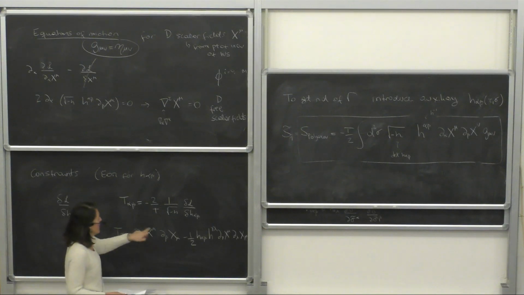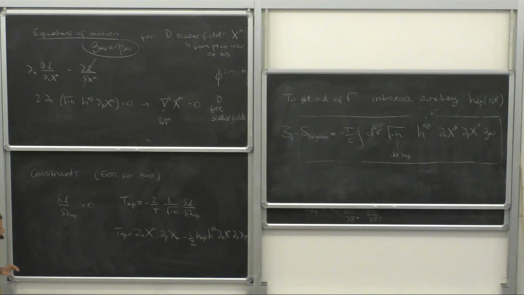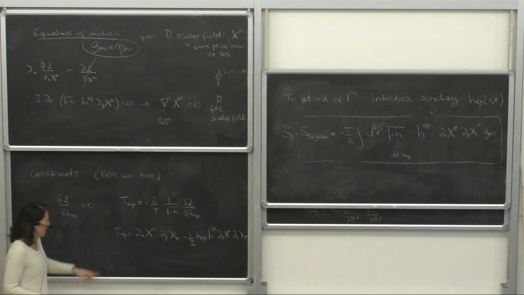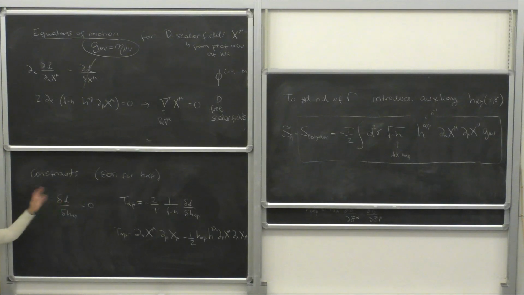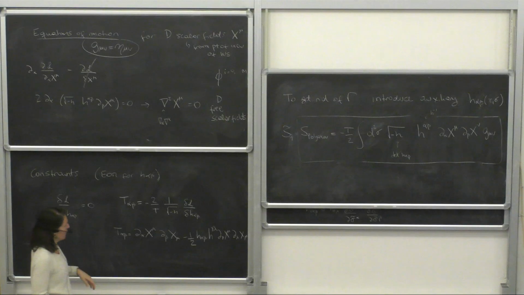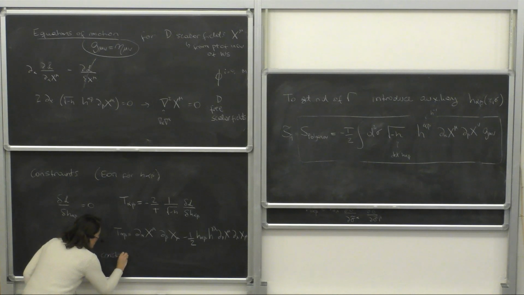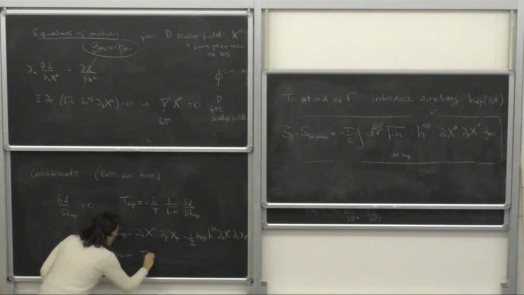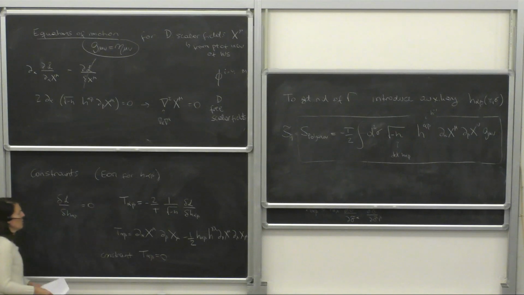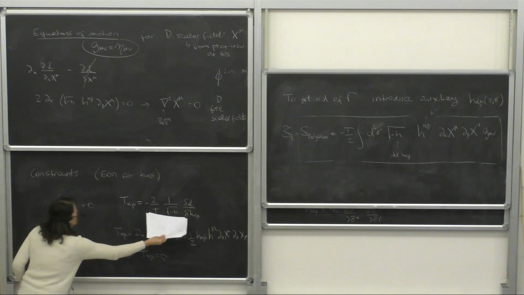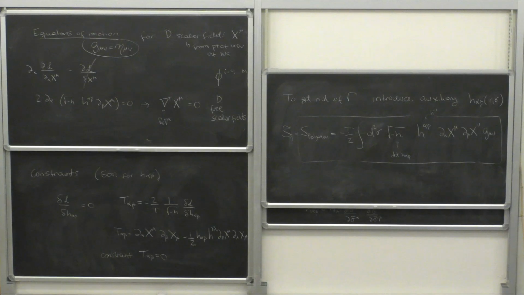Here I'm putting indices mu up and down. I could have done this with a generic space-time metric, so this derivative is true for any G mu nu. G mu nu doesn't depend on H, and there is no H dot, so this is generic. So the constraint is that T alpha beta is equal to 0, since this is proportional to this derivative, and this derivative has to be 0.